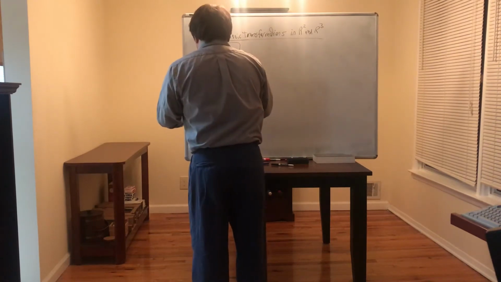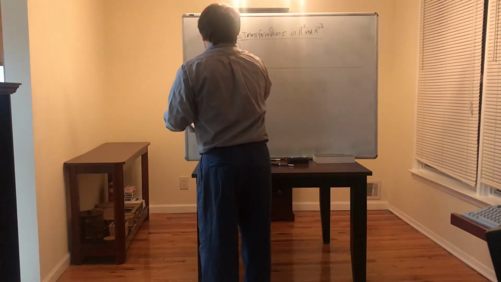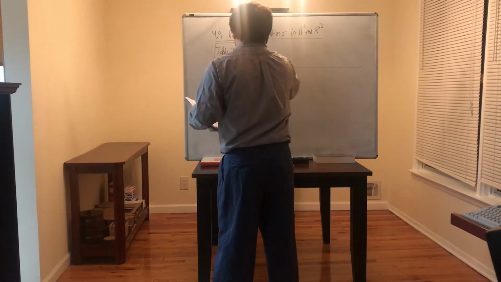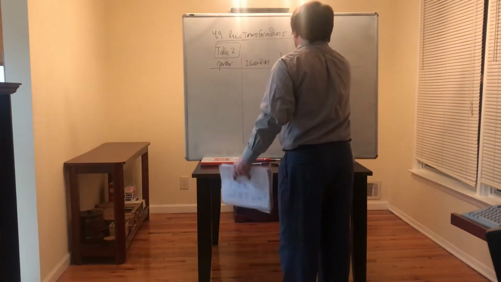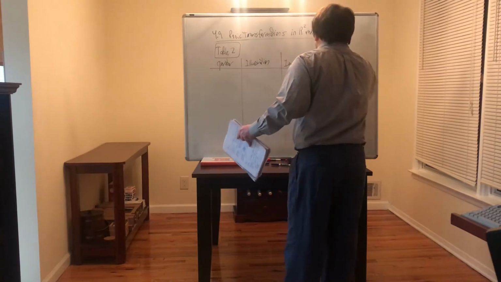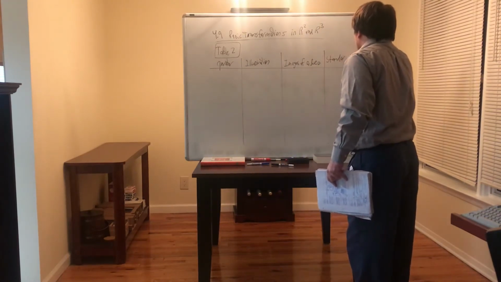So now it's going to be the same type of table where the first column is an operator, the second column is an illustration, the third column is images of E1 and E2, and the standard matrix is in the last column.